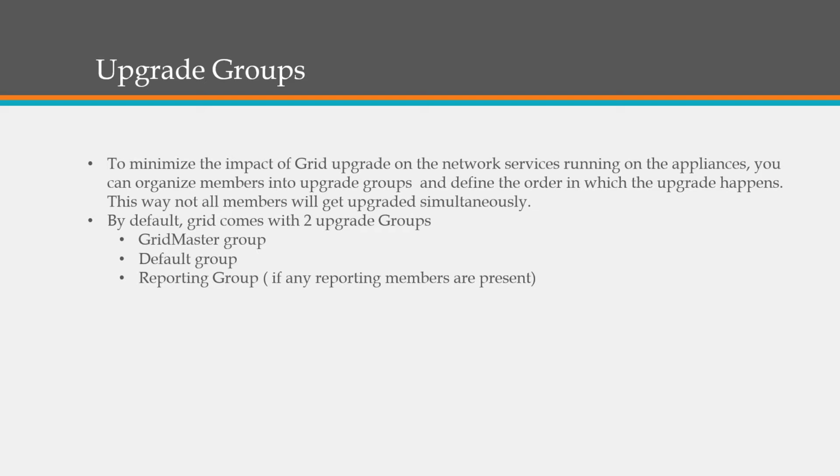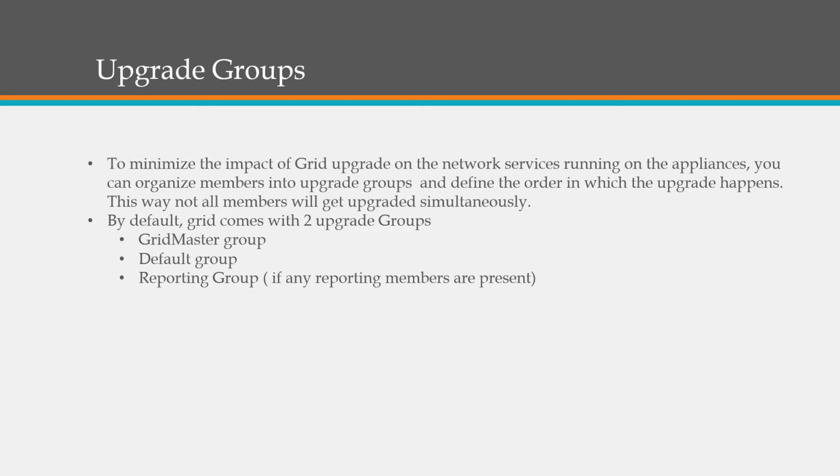It will be in a sequential manner, so that not all of your devices will reboot in one go, which would widen the impact. It will be one member and then another member, like that. That's the purpose of the upgrade groups.